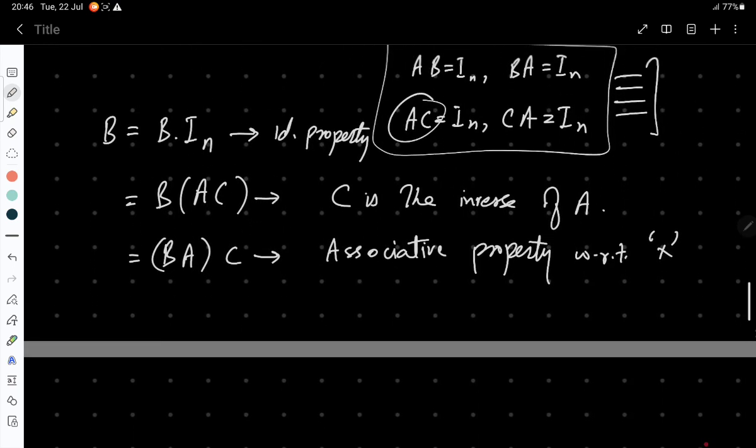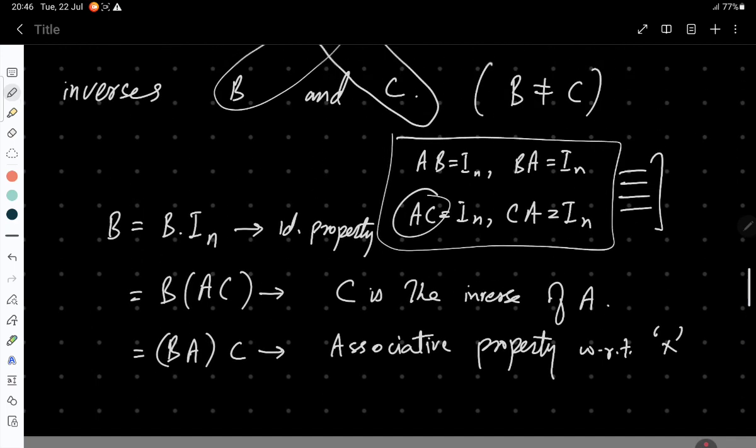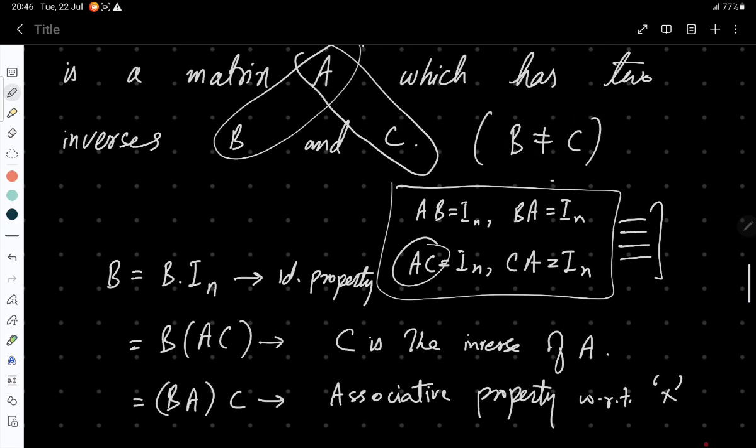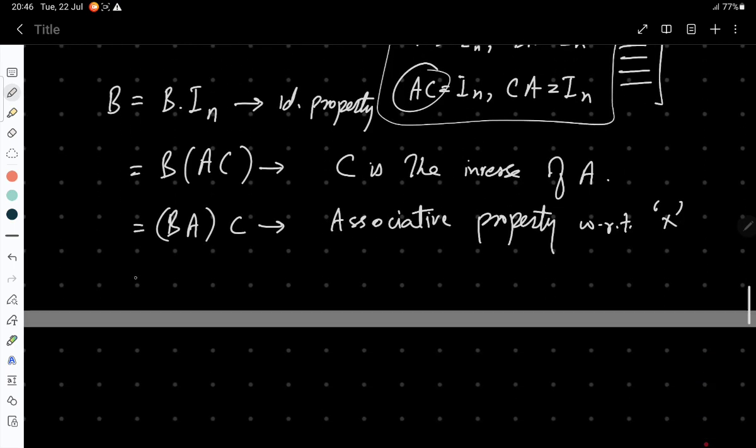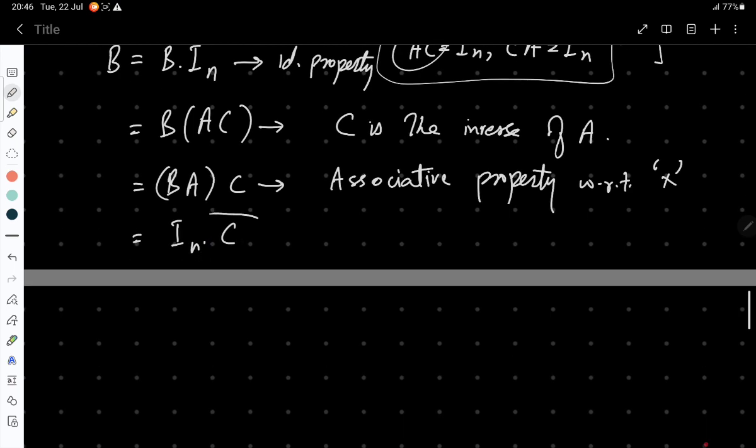And then what is B times A? You can check that B times A is identity here. So I will write here identity times C. And now if I multiply the identity matrix with any matrix, I get the same matrix. Here I have used the identity property.